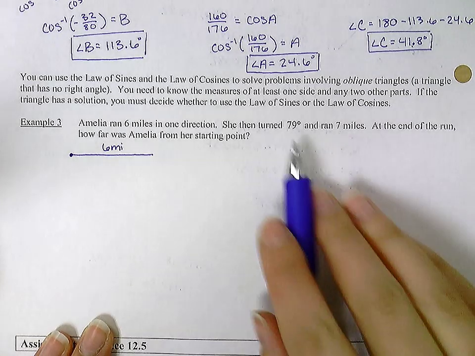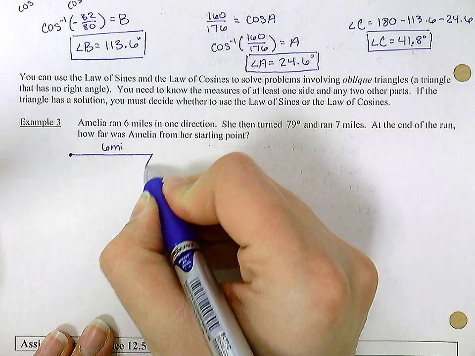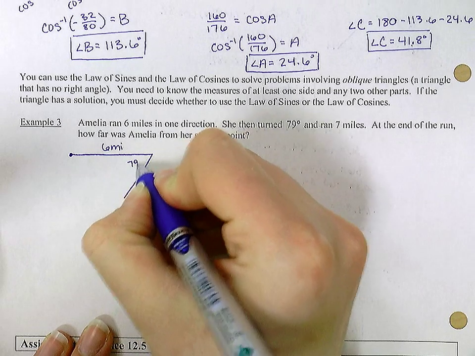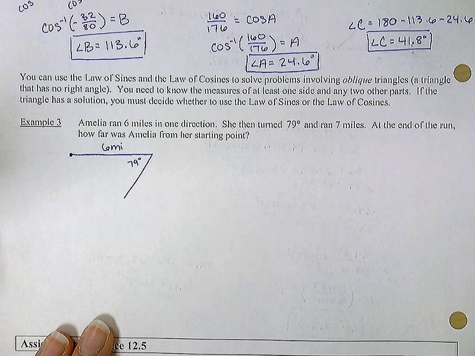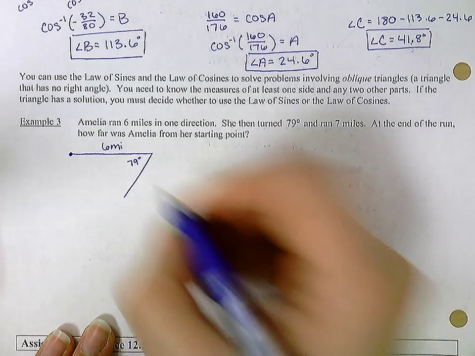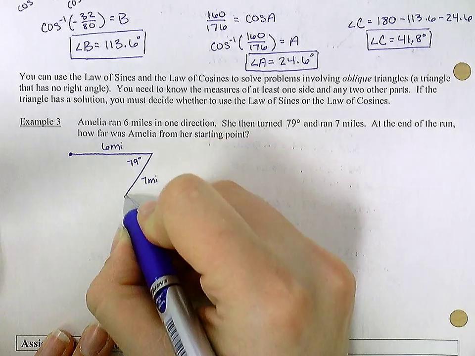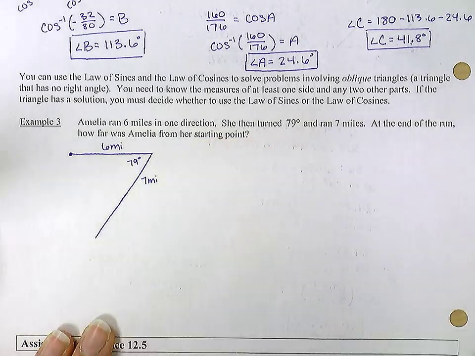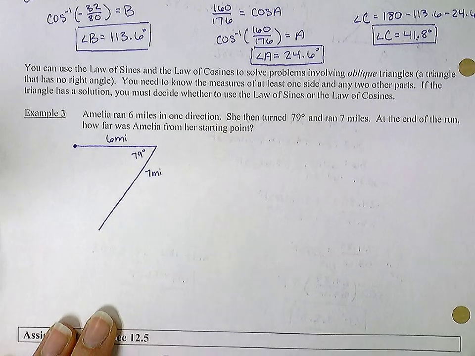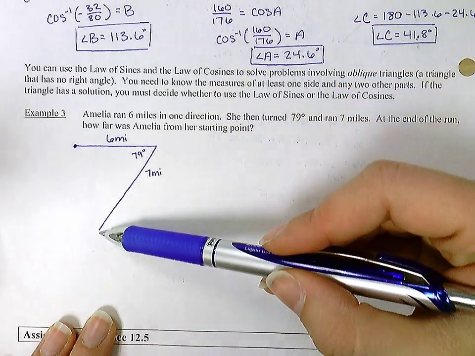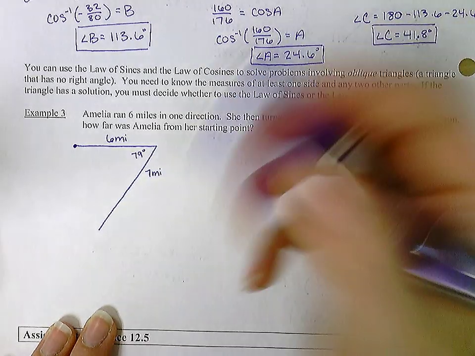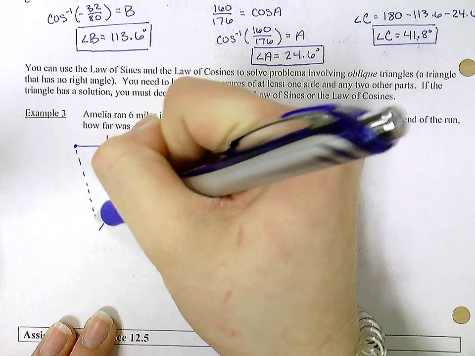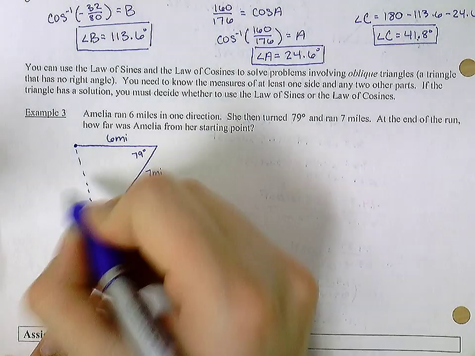She then turned 79 degrees, so we'll say this is her 79-degree turn, and she ran 7 miles then. What we want to figure out is how far away she is now from her starting point, so we're trying to figure out this distance right here.